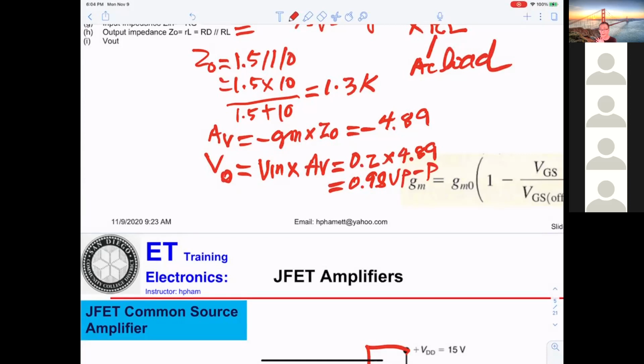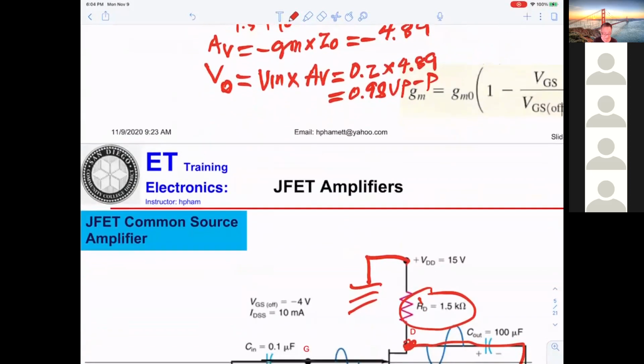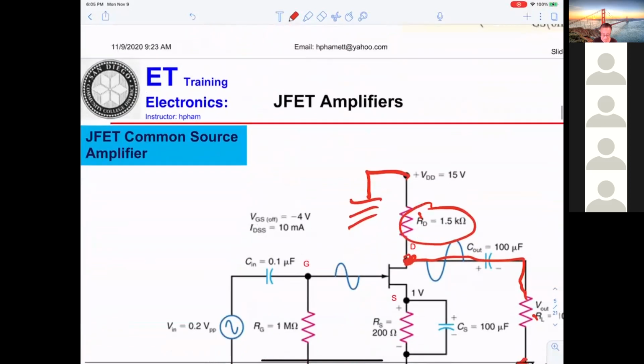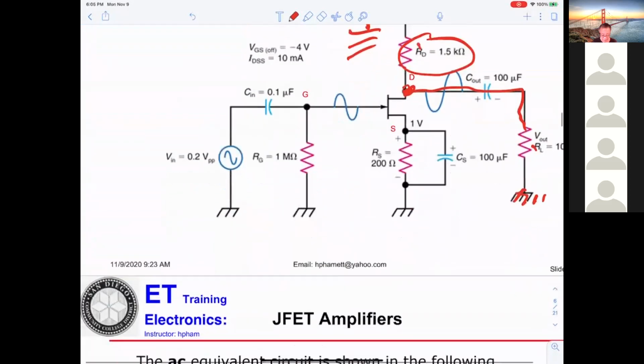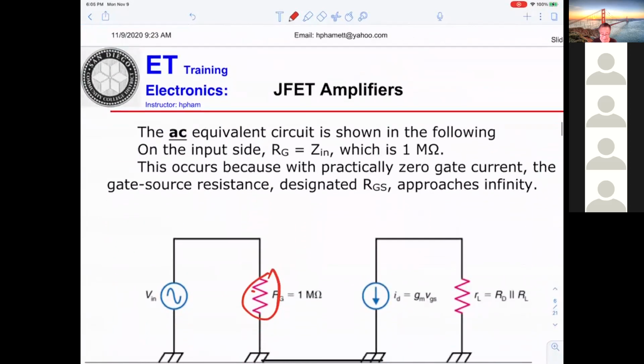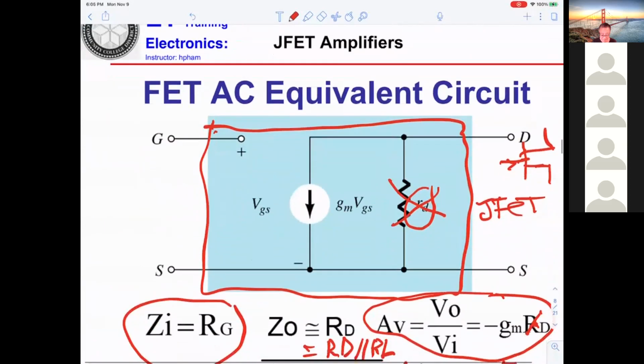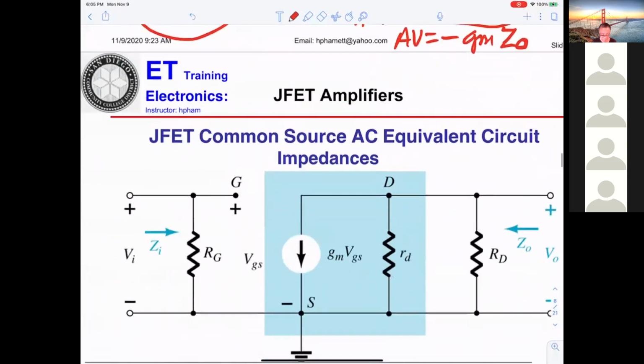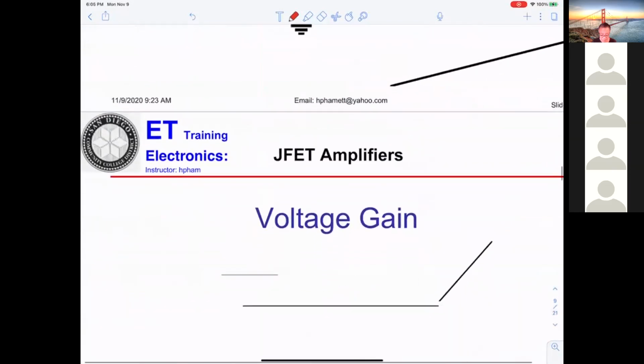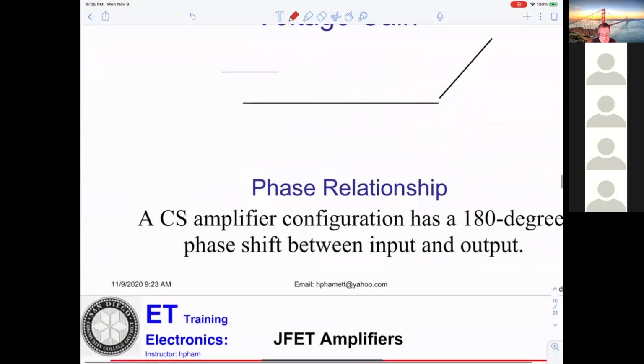Okay, any question regarding the common source amplifier? If not, let's see, we're done with that one.